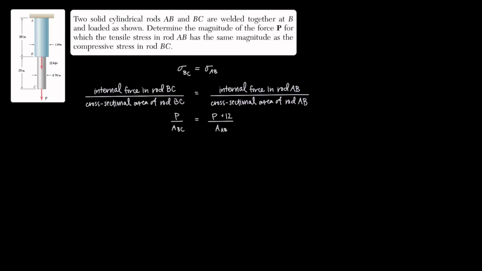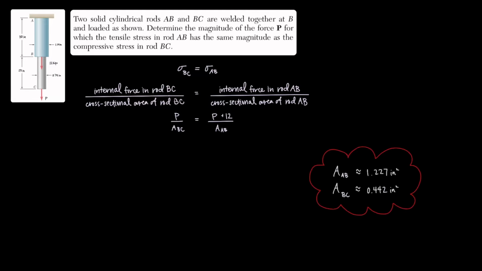Now we'll move on to the stresses. This time, the internal force in rod BC is P, and the internal force in rod AB is P plus 12. We can recall our values for the cross-sectional areas on the screen.